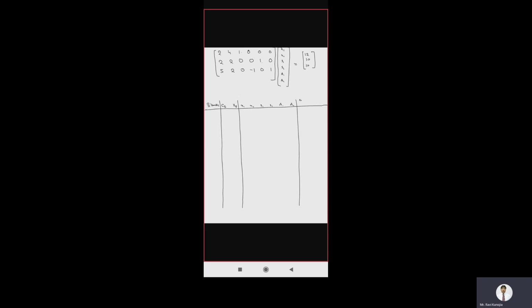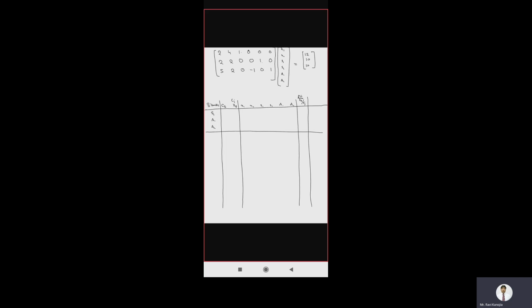And we have a column of XB by Xj, the minimum ratio, right? Now, see the first variable that forms the identity matrix is S1, then we have A1, and then we have A2. Okay? So these three variables are forming the identity. Right? Now I'll write Cj.